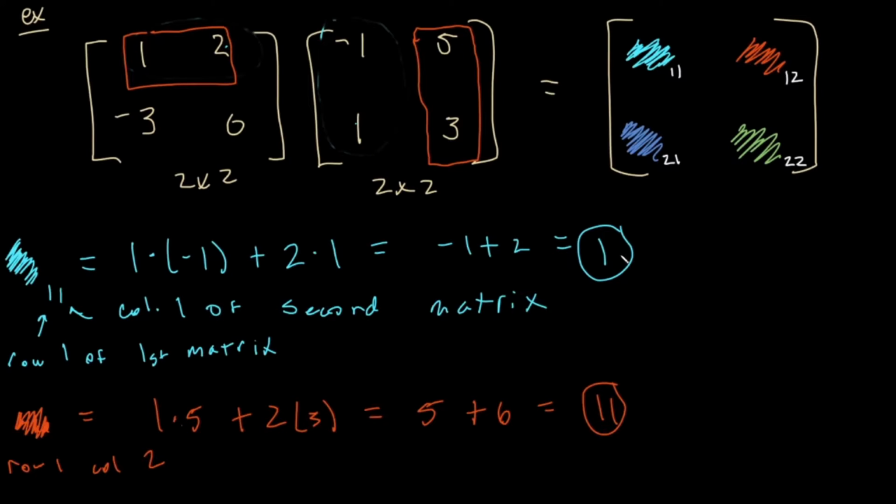I would like you to please find this blue element. That's row 2, column 1.